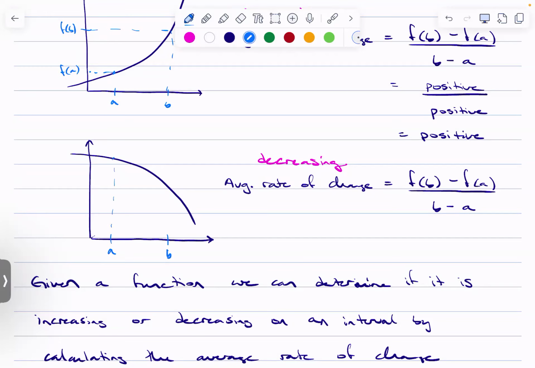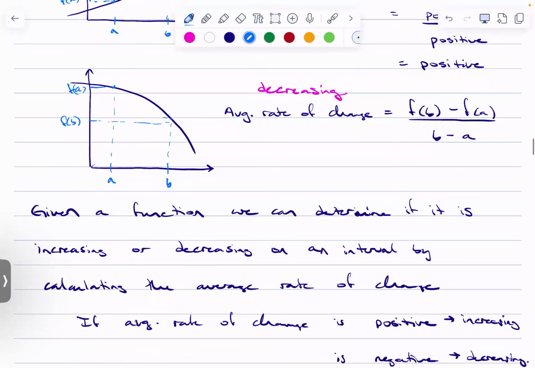Now, here's my f of a. Oops. And roughly, there's my f of b. Now looking at f of b minus f of a, well, f of b is smaller than f of a. Right, so I'm going to get a negative number in the numerator.